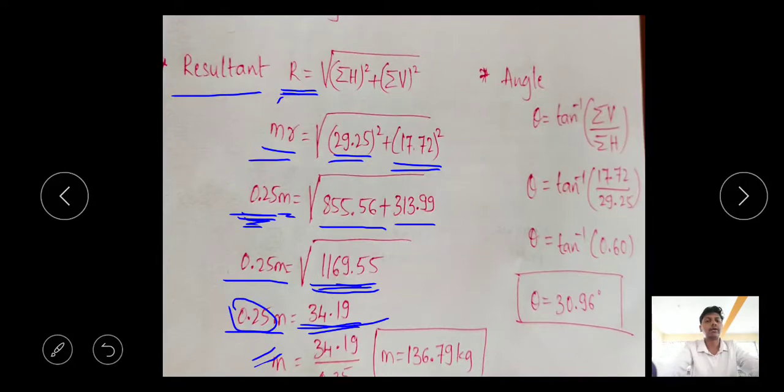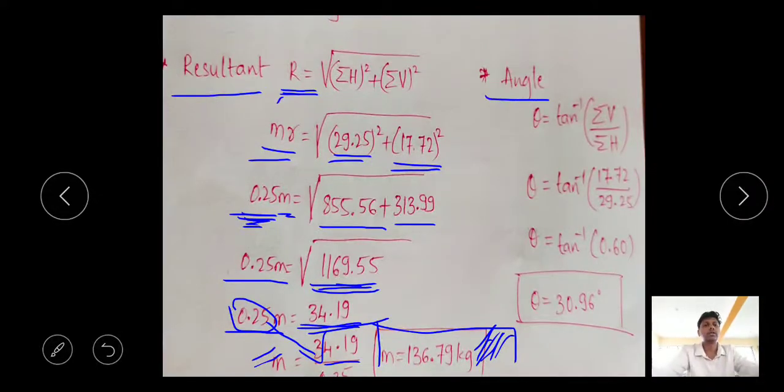Whenever you are finding m, whenever this goes to this side, it will be below, so that will be 34.19 divided by 0.25. If you just divide, you will get mass is equal to 136.79. Whatever the values of masses m1, m2, m3 and m4 are given in terms of kg, you will get the answer in terms of kg. If it is given in terms of newton, then you will get the value in terms of newton.